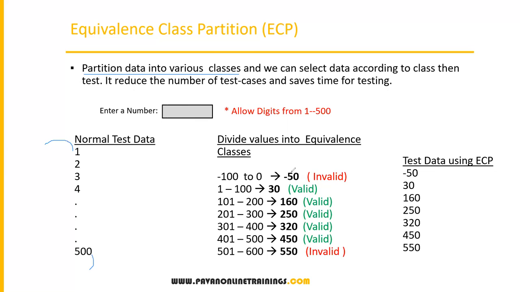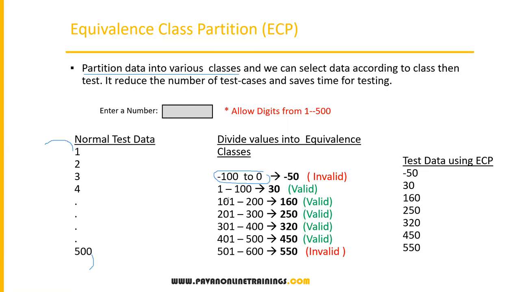If minus 50 is not allowed, what does it mean? Whatever number we give in this range should not be allowed. But we need not verify with all the numbers. Just take one value in this range and check whether it's working or not. If it is not allowed, what does it mean? Whatever number falls in this range will not be allowed. With a single value, we can test that.